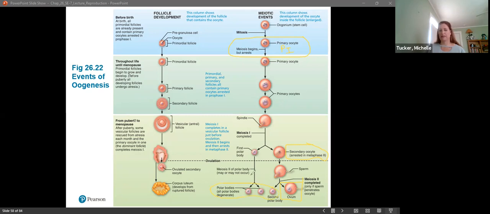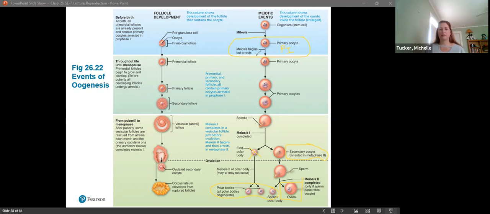Sometimes this polar body splits, sometimes this one just gets discarded. But in order to keep things kind of like a 4 and 4, where we get 4 spermatids from one germ cell mitosis division, we get 3 unequal small cells, polar bodies, and 1 large ovum.